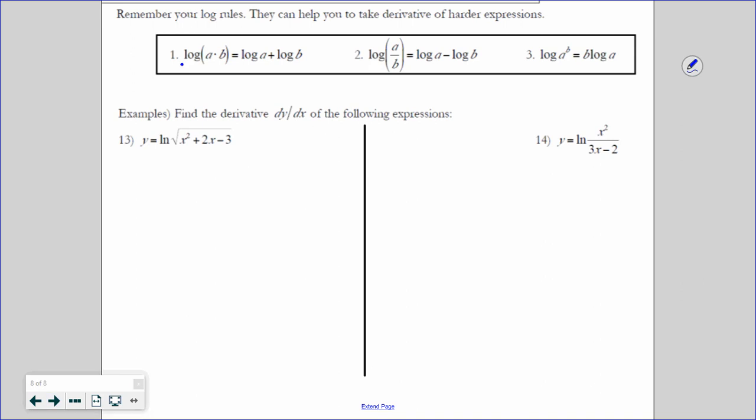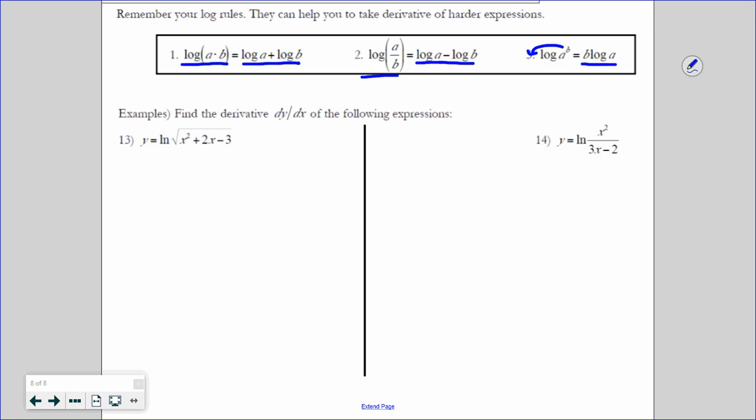If we have log of a times b, we can expand it into log of a plus log of b. If we have log of a divided by b, we can expand it into log of a minus log of b. And if we have log of a raised to the b power, remember we can move the b down in front, and it will equal b times log of a.